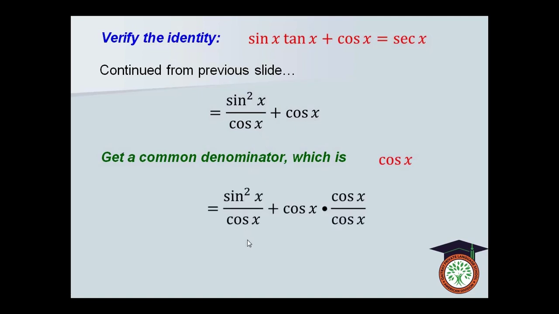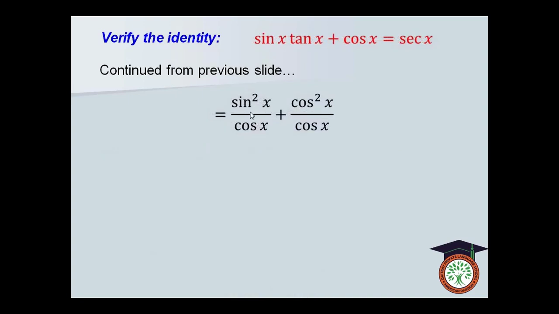What did I do here? I made cross multiplication, so we can say sine power 2x over cosine x plus cosine power 2x over cosine x. Now can I add the two fractions? Yes, because I have the same denominator.